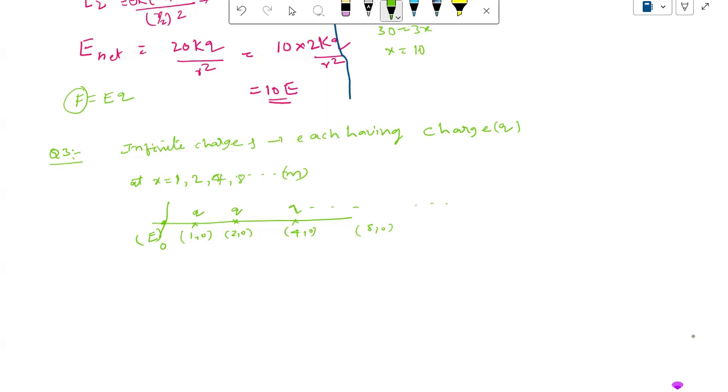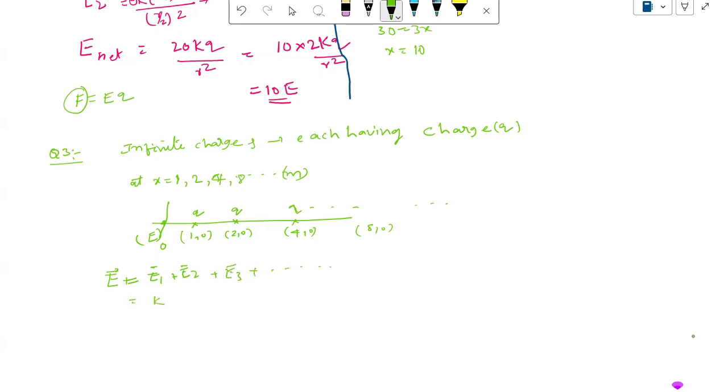Like that. So now you know electric field follows the superposition law, that is equal to E1 plus E2 plus E3 plus and so on.